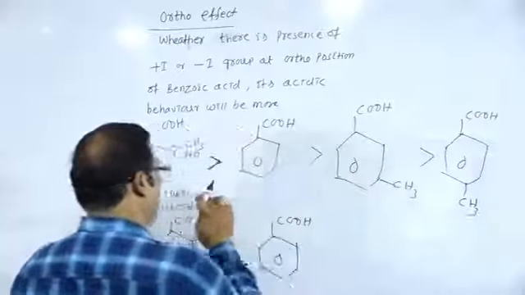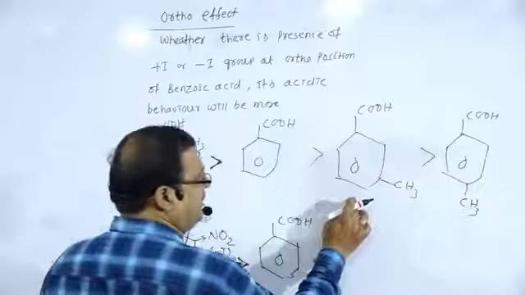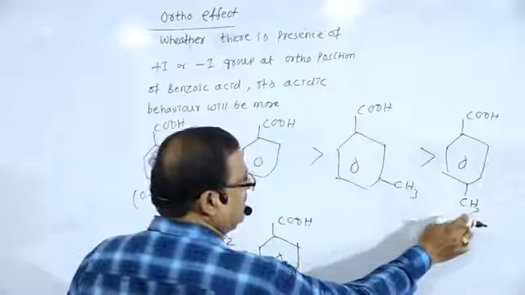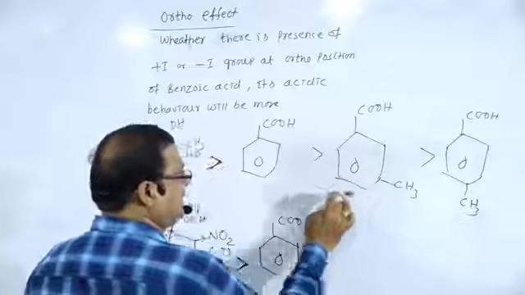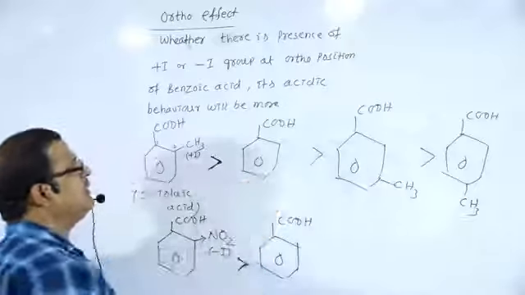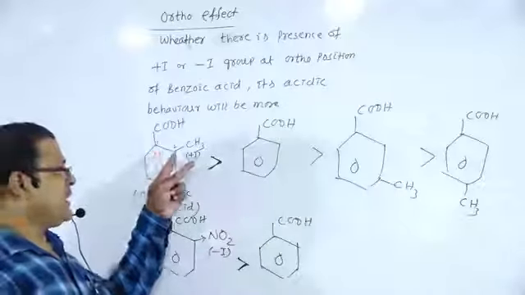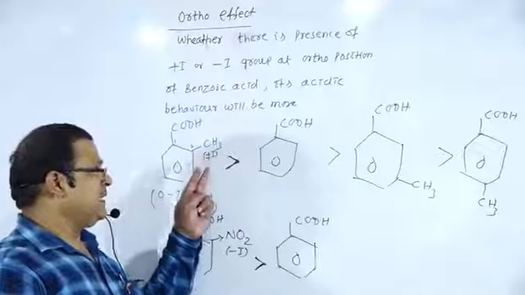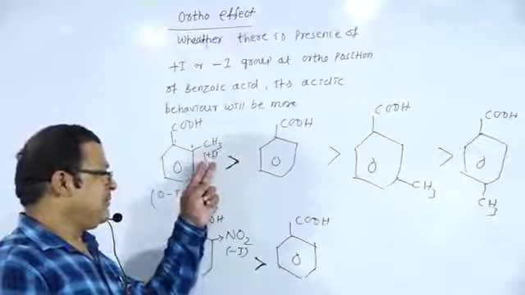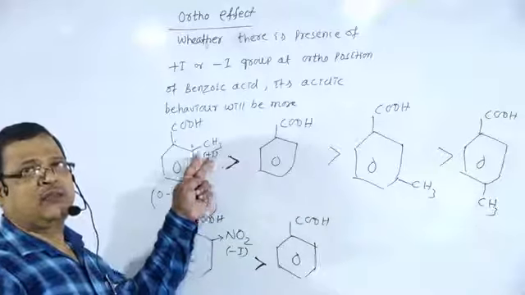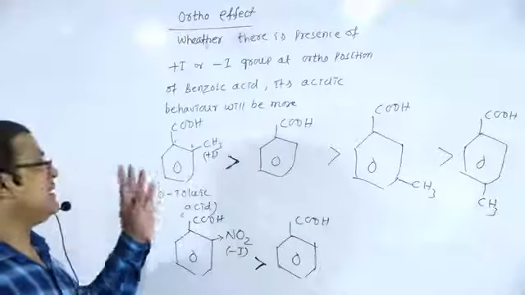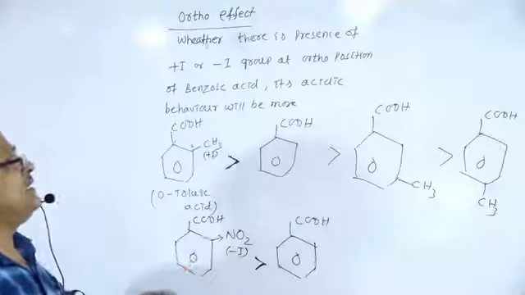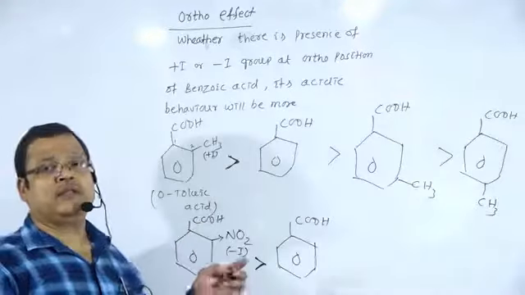That is, o-toluic acid, m-toluic acid, p-toluic acid, these are benzoic acids. So the presence of a plus I group increases the acidic behavior if it is present at the ortho position of the benzoic acid ring. This is defined as the ortho effect.